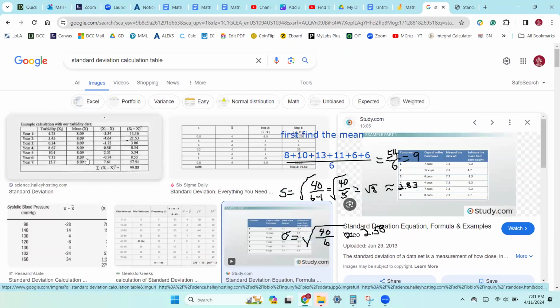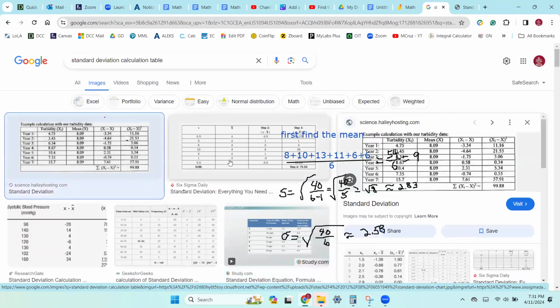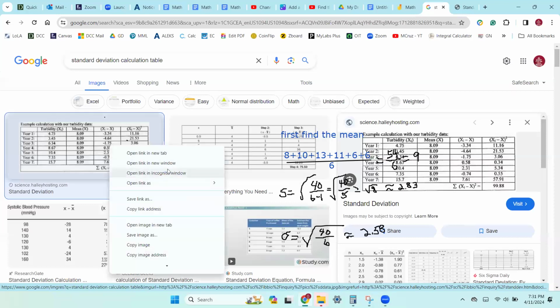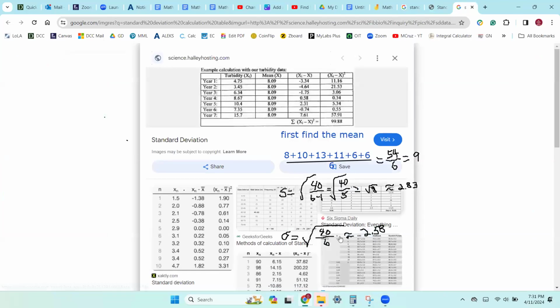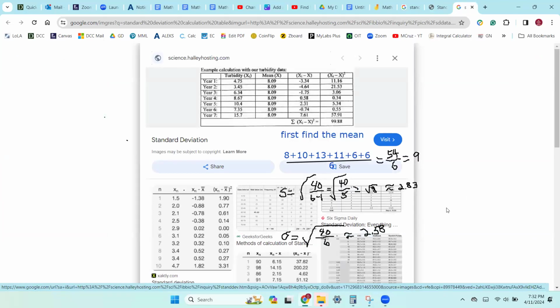This is what statistics looks like. Here's the downside of it: this is the way you get it when you first get statistics. You're basically number crunching, calculations that are very difficult to do by hand, and I'm showing you by hand.